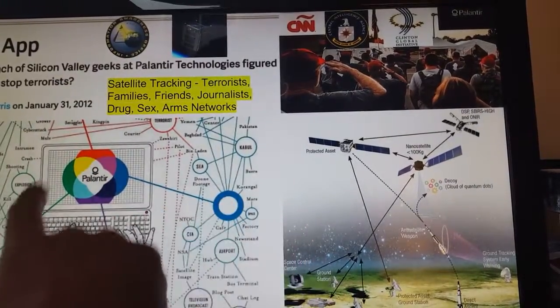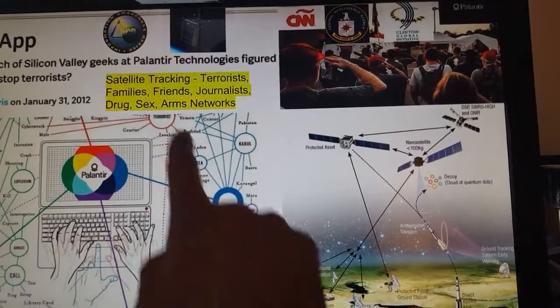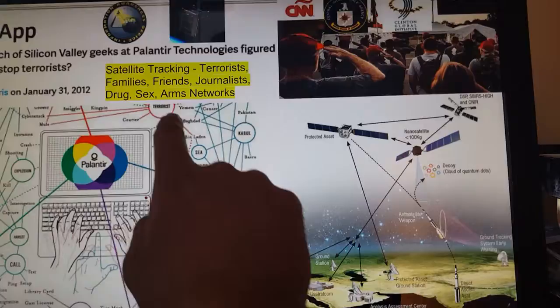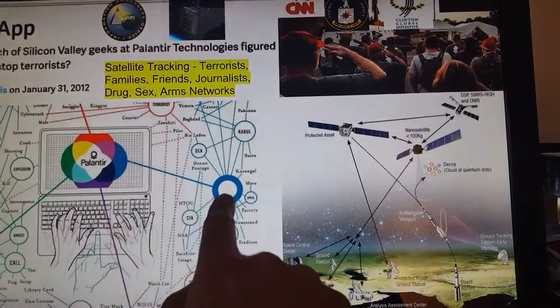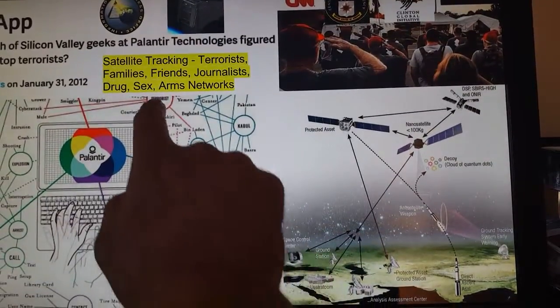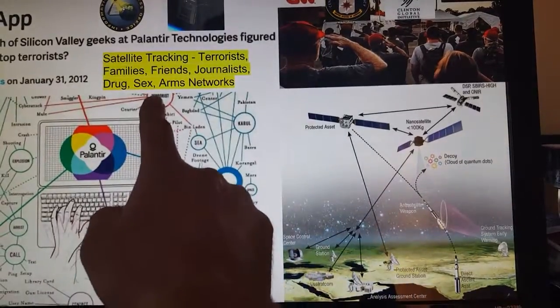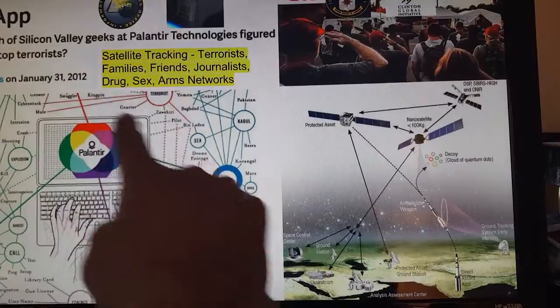So inside these databases are marked who's a friend. Let's say blue is friend, and red is terrorist. And this is the National Terrorism Watch List, the 2 million people. So if you're a law enforcement official looking at this list, your mind is pre-made up that this is the enemy. The house is marked red, the car is marked red, all the cars in your family are marked red.